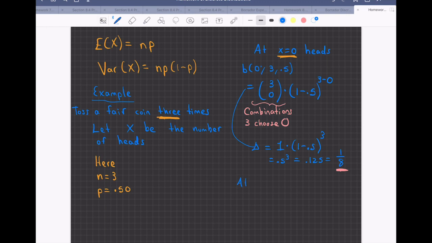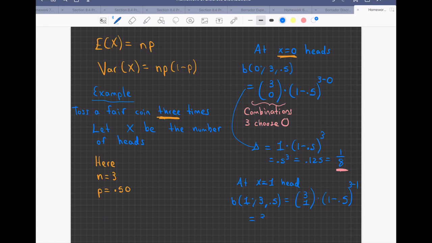What about, for example, at x equal to 1? 1 head, again, is going to be, use the formula. Replace the x by 1, but the values for n and p are going to be the same, 3 and 0.5. And the formula becomes 3 choose 1 times 1 minus 0.5 raised to the 3 minus 1. 3 choose 1.